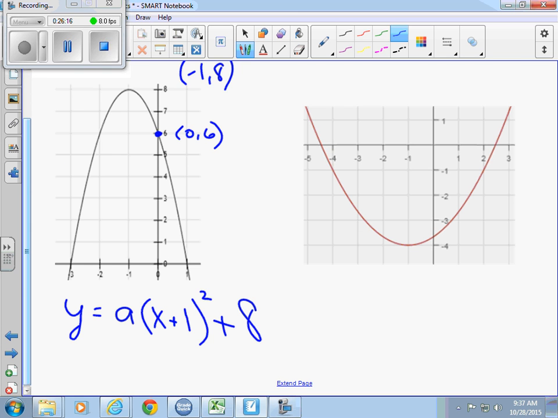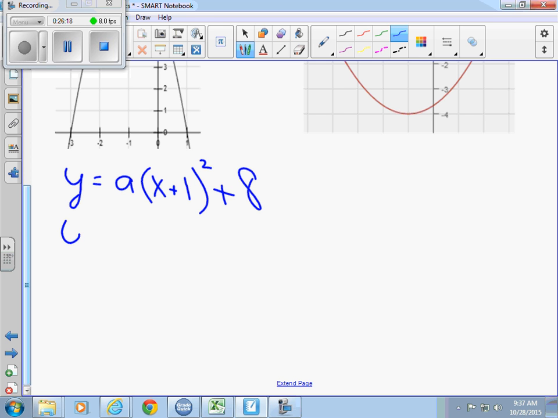So I'm going to put 0 in for X and 6 in for Y. The X point they come with is 0 and the Y point is 6.